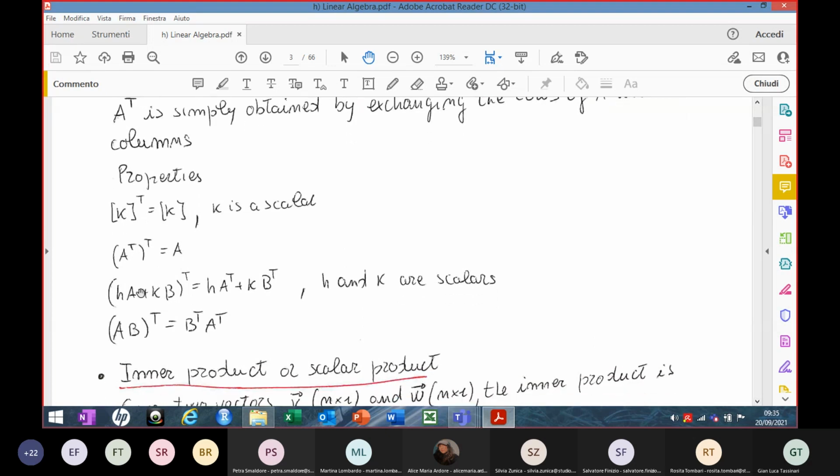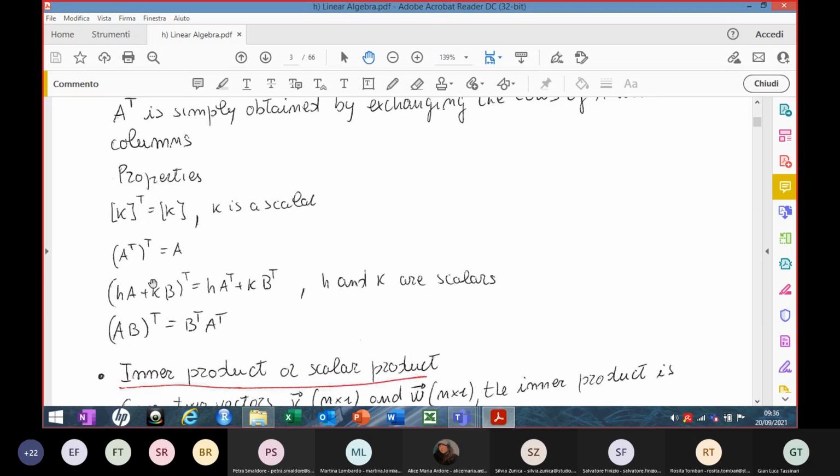Essentially, this is a sum, because H times A means multiply all the elements of A by the constant H. K times B means K is a scalar, I repeat, multiplies all the elements of B by K. So this sum is feasible if and only if the dimension of A is equal to the dimension of B, because the multiplication by a scalar does not modify the dimension of the original matrix. Okay, when you have a constant times a matrix plus another constant times a matrix, it is a linear combination of matrices.